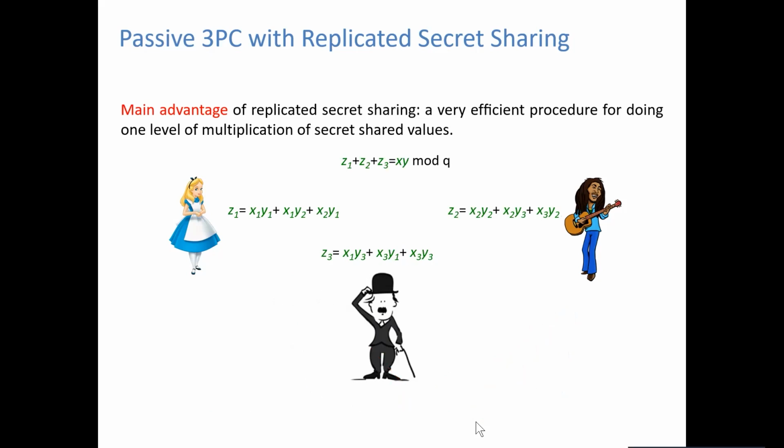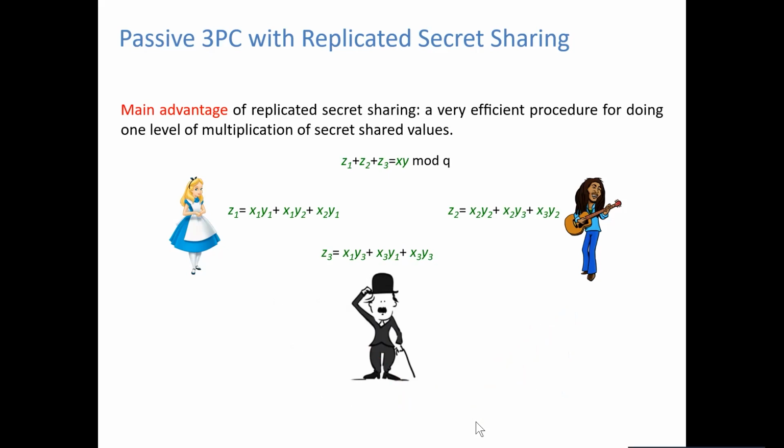Okay, so let's say that they do the computation in that way. They do local computation. So Alice computes Z1, which is 3 terms of that original sum. Bob does the same with 3 other terms, and Charlie the same.